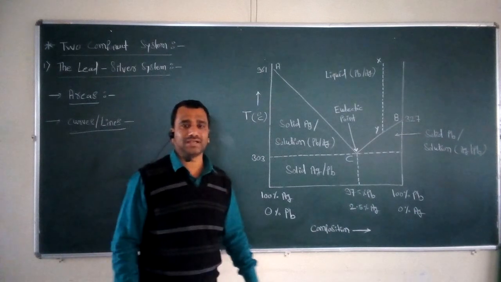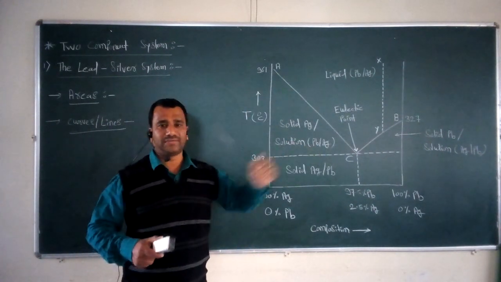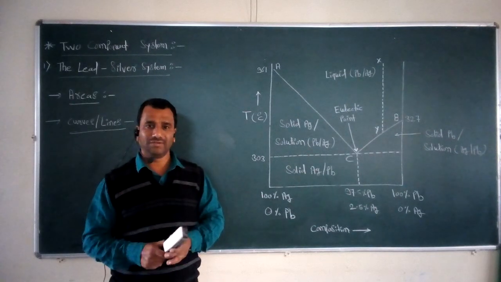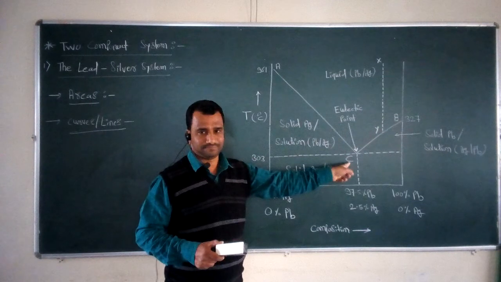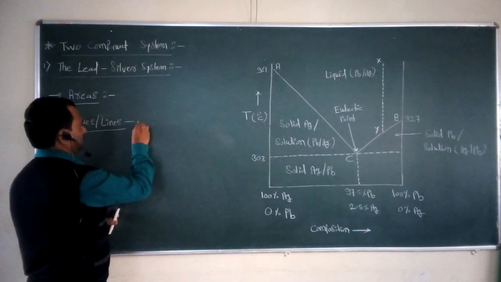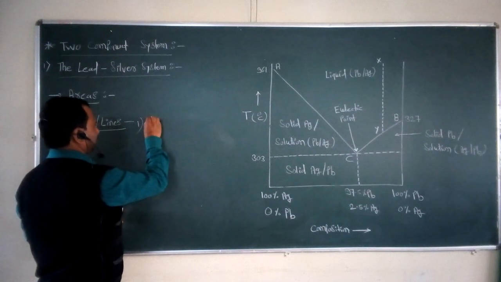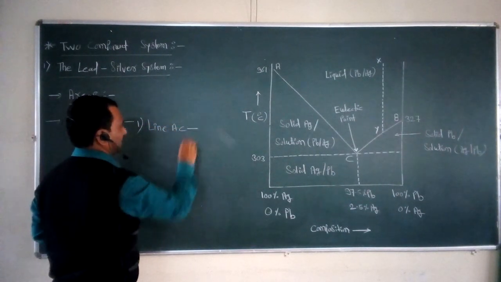As far as this figure is considered, it has two different types of curves or lines. The first curve is curve AC.